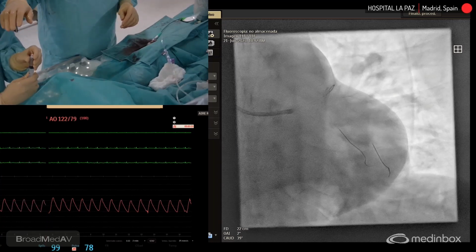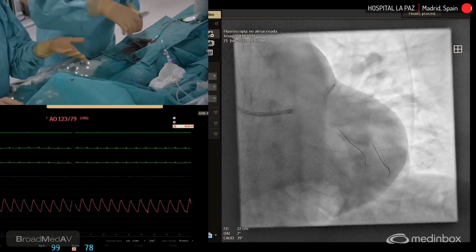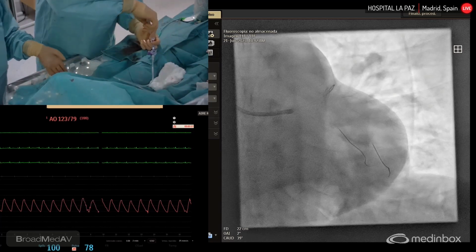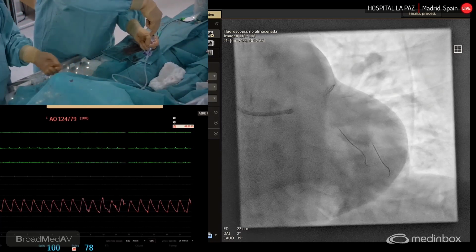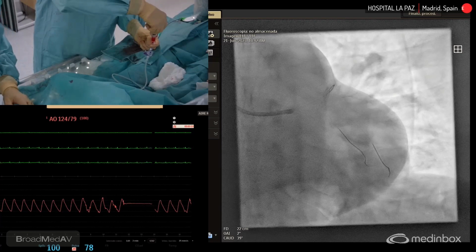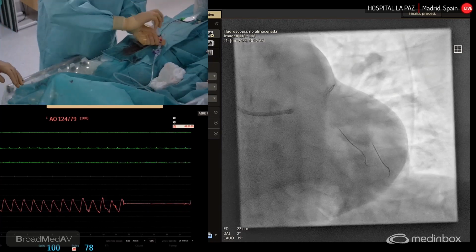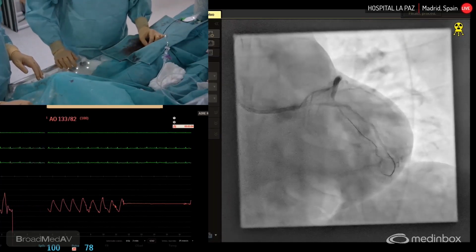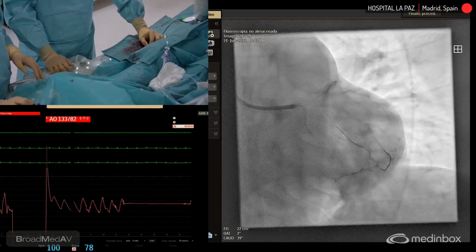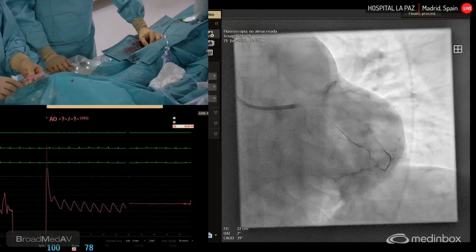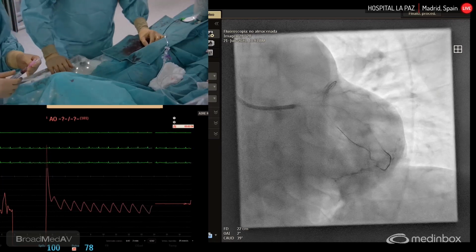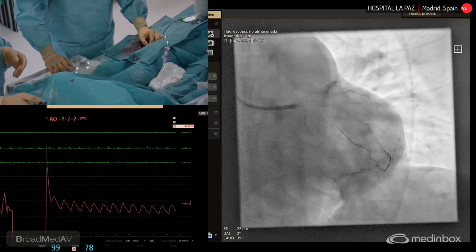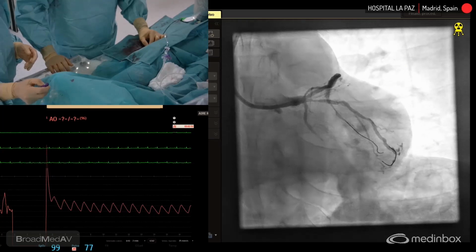We're going to administer some nitroglycerin. Contrast. Venga, preparada. Fine.